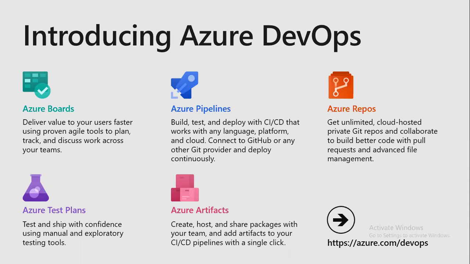Always think that Azure DevOps is a combination of five components: Azure Boards, Azure Pipelines, Azure Repos, Azure Artifacts, and Azure Test Plans. Azure Boards is for building the project plan and is generally used by project managers.